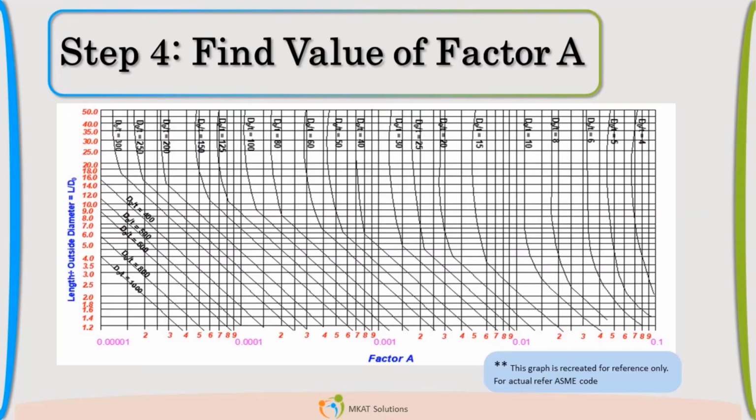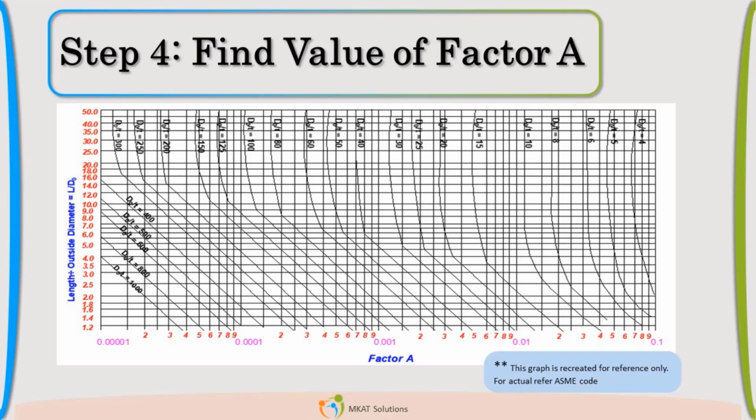So this is subpart 3. We have recreated it based on the ASME code, so don't use it directly, but it will look similar; if you open figure G of the code, it will also look very similar. Now on this side, this is the L by D ratio, and the lines which you see here are the D naught by T ratio.